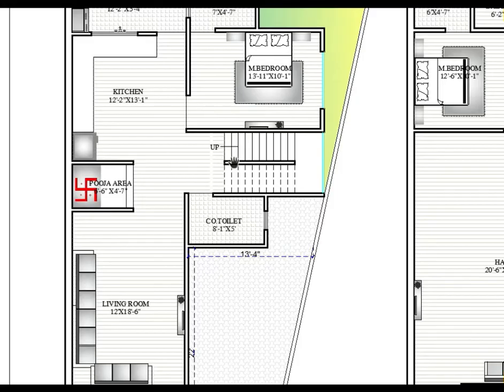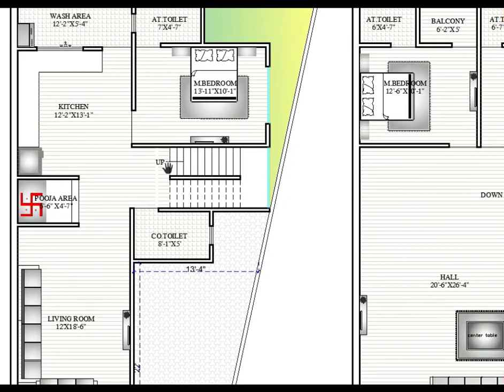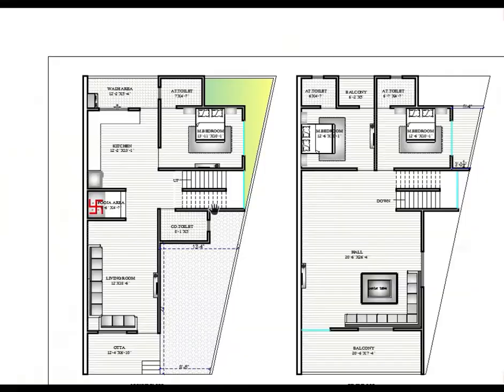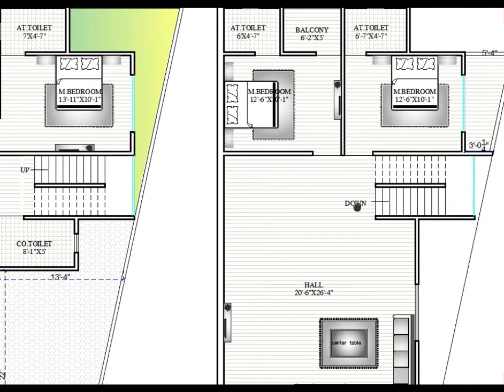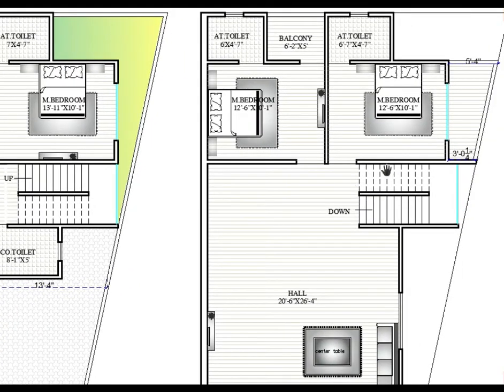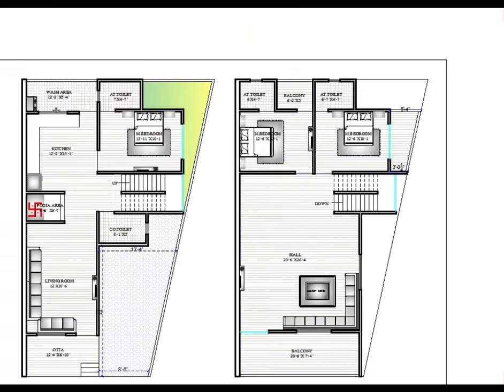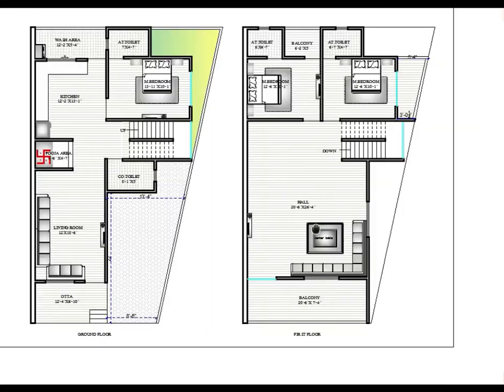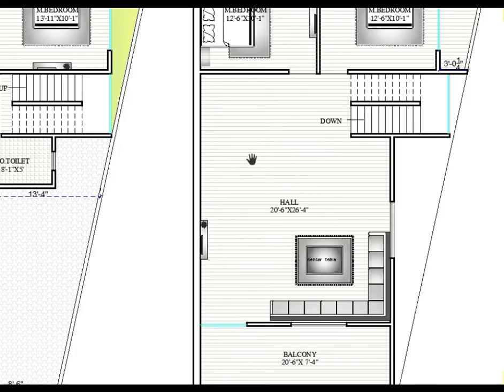Let's go to the upper floor, which is the first floor. We can go up here, and we can also go to the terrace floor level, but we are not discussing that yet. This is the overall drawing room, a space for guests.